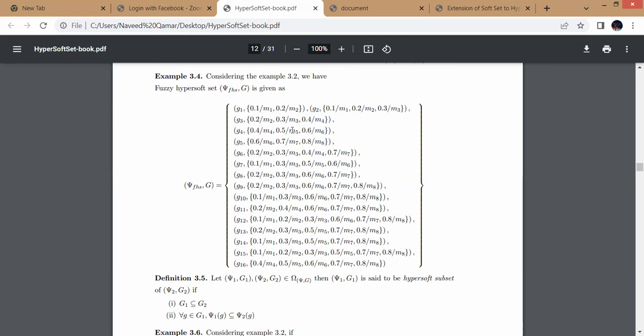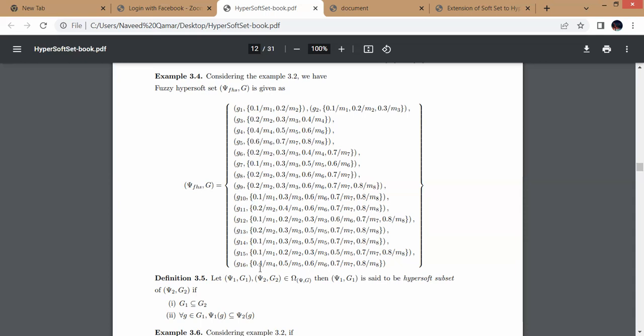Similarly, you can check for the other attributes: G4, G5, G6, G7, G8, G9, G10, 11, 12, 13, 14, 15, 16. So if I discuss G16, what is the meaning of G16? It means that five mobiles, M4, M5, M6, M7 and M8, have these properties.